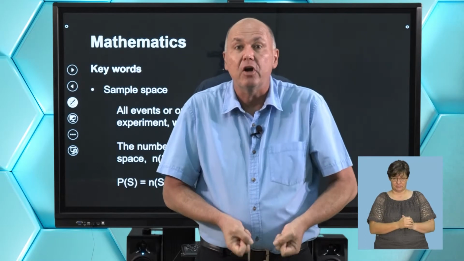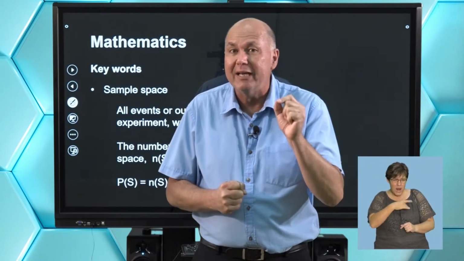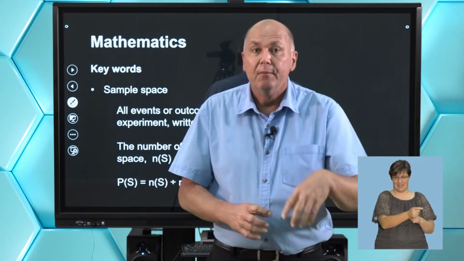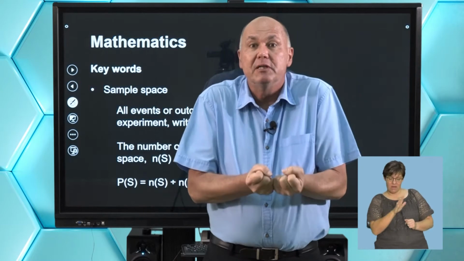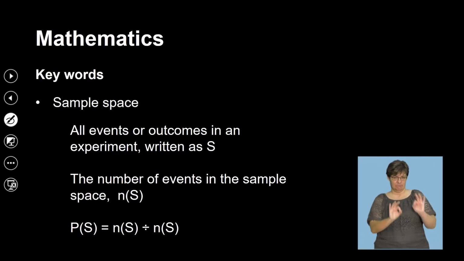And out of those, we're going to select the ones that we would like to have. Do you remember what we call the ones that we'd like to have? Of course, those are the favorable events, the ones that we are going to be the winners for. And so let's just make sure we've got the notation right. So remember, the sample space is recorded as S. The number of events in the sample space is n(S). And here's an important relationship.